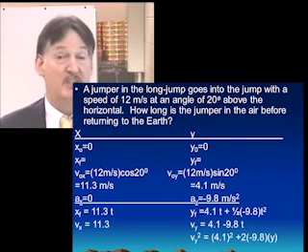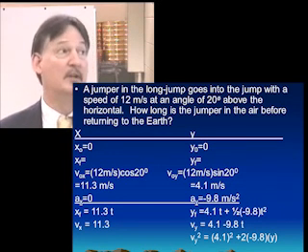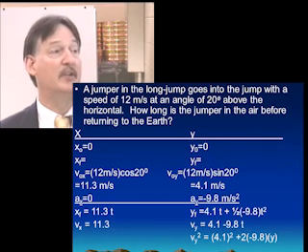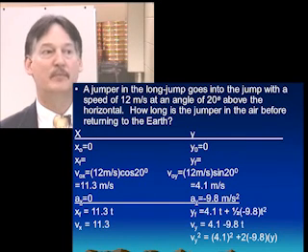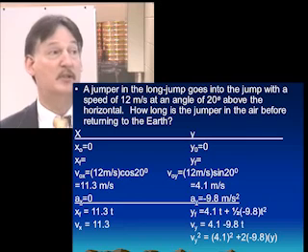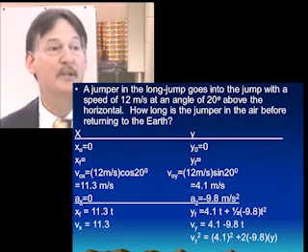Knowing the time, we could plug that back into our equation here with x and find out where he lands. Once we determined the time, we could also find out how fast he was moving in the vertical direction when he struck the ground by plugging the time into this equation, and so on.